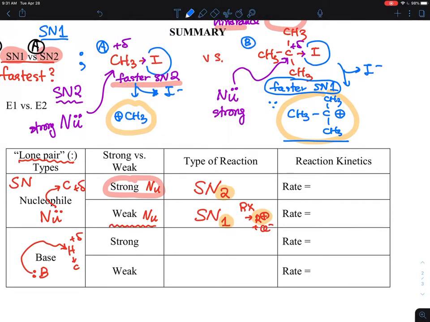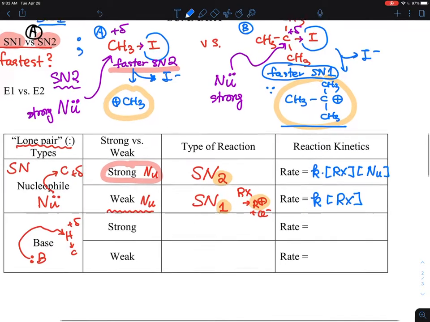And here you are going to say, okay, reaction rate is K times RX times nucleophile. Whereas the rate here is K times just RX. The concentration of nucleophile is not part of the rate determining step.